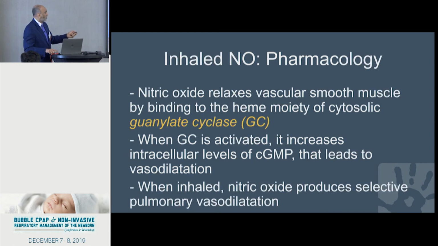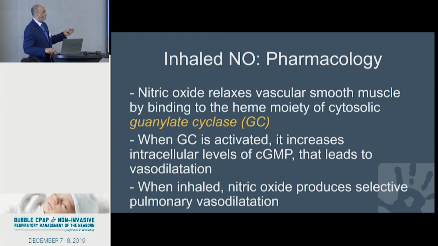Then inhaled nitric oxide, we are all familiar with it. It works by relaxing the vascular smooth muscle, binding to guanylate cyclase. That will create more cyclic GMP, which is a local vasodilator.